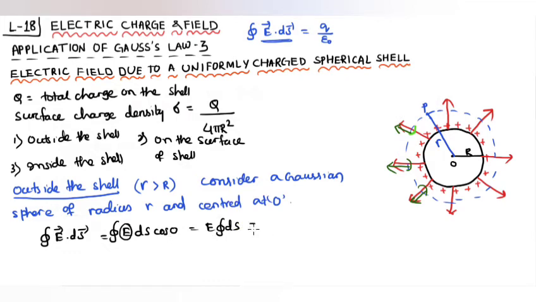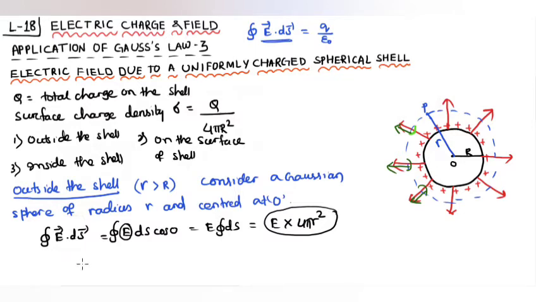So ds means the area of a small element on this Gaussian sphere. So the closed surface integration of ds means what? It is the total surface area of the Gaussian sphere. So that will be E into 4 pi r square, because small r is the radius of the Gaussian sphere. So E into 4 pi r square is the left side of the Gauss law.